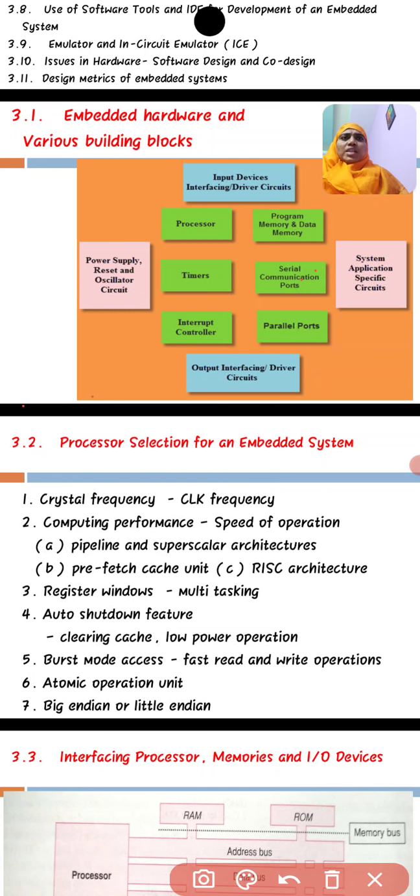We know what a bus is: a bus is like connecting wires which connect input devices to the CPU and output devices to the CPU. These buses are also known as serial communication buses and parallel communication buses. With the help of these buses we can connect IO devices.